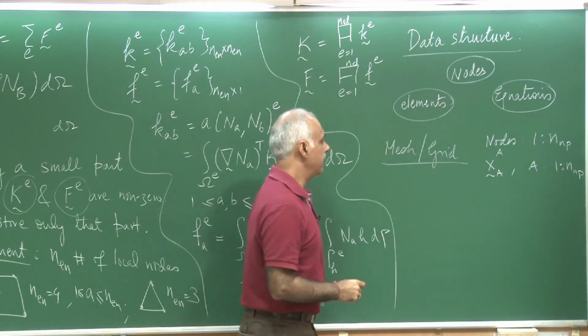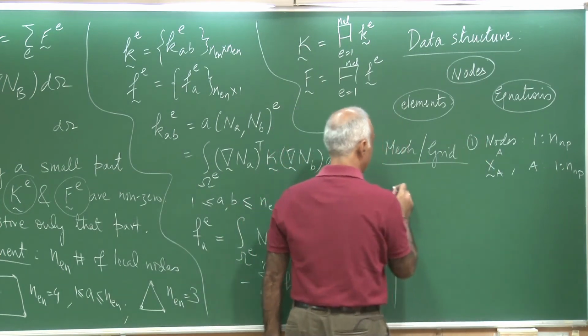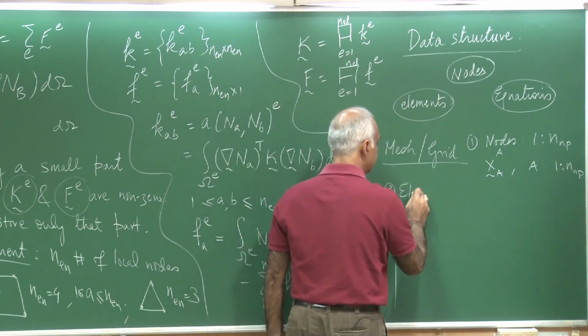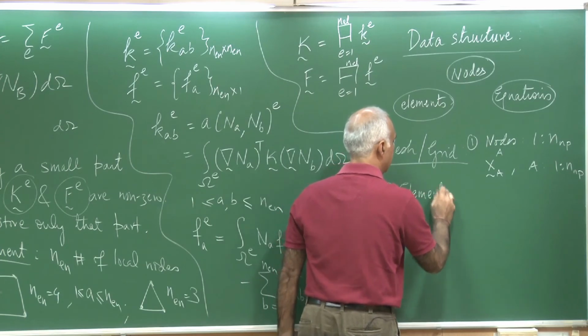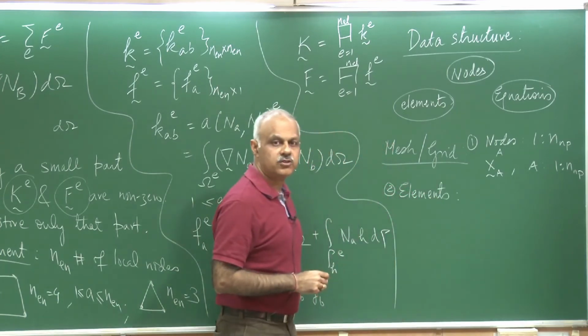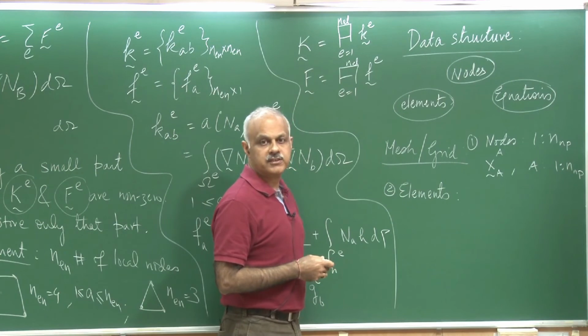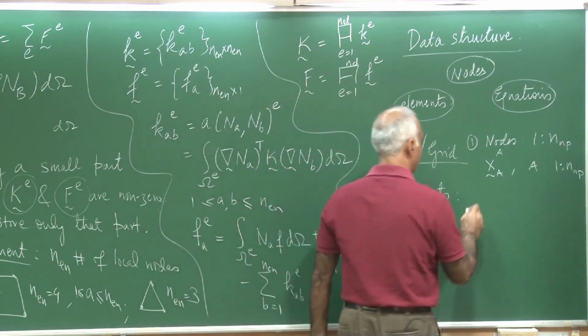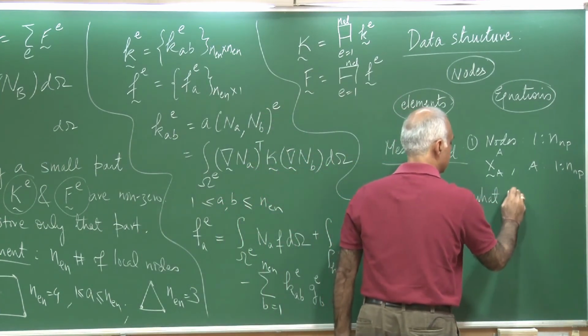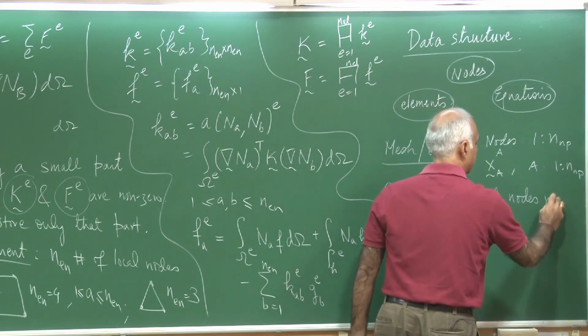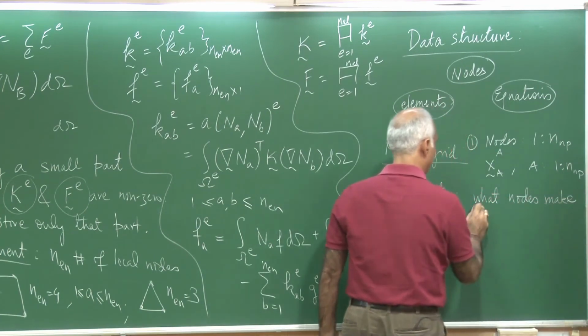Okay. So that is the first thing. The second is the elements, wherein I would like to know which of these nodes make an element. What nodes make an element?